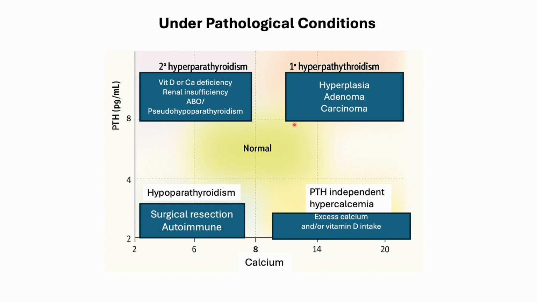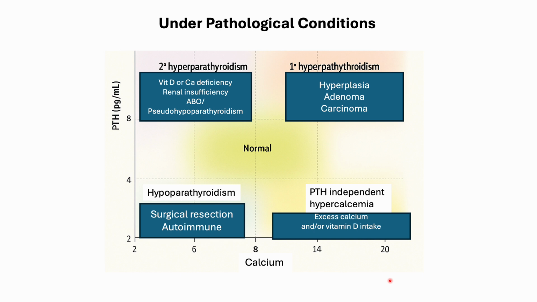For example, if we look over here to the top right, in primary hyperparathyroidism, the parathyroid gland, from an adenoma or hyperplasia or carcinoma, independently secretes PTH independent of calcium. And this disrupts the feedback loop, causing hypercalcemia. The parathyroid gland then is what we call the primary source of the problem, hence primary hyperparathyroidism.